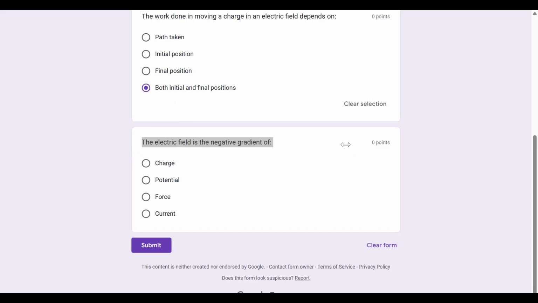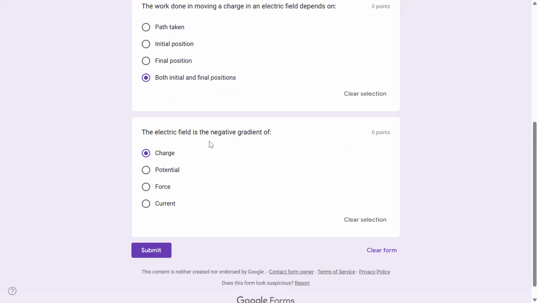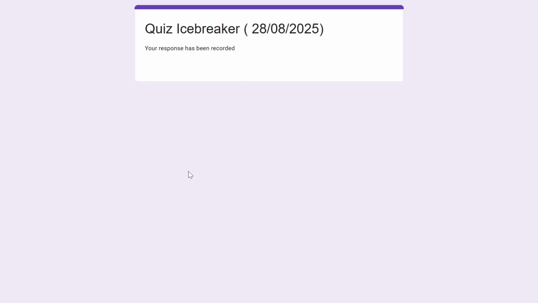Right, so the electric field is the negative gradient of potential. Already you know that formula. Electric field E is equal to minus dV by dx, or we can write it as minus dV by dr. So potential. Okay. Submit. We can check that answer.